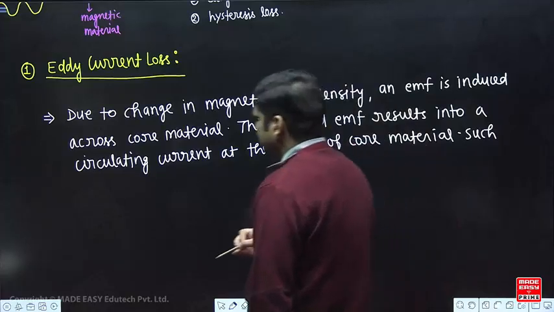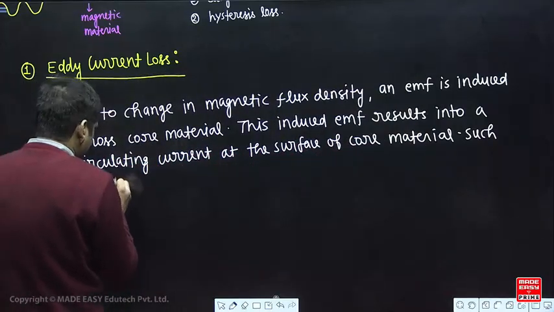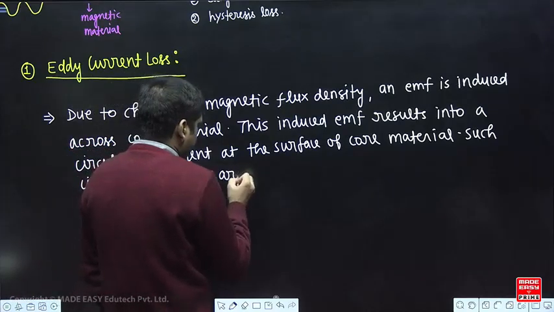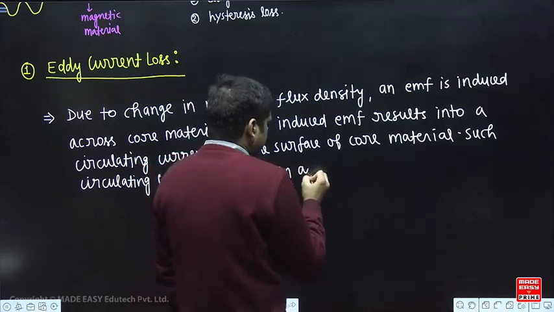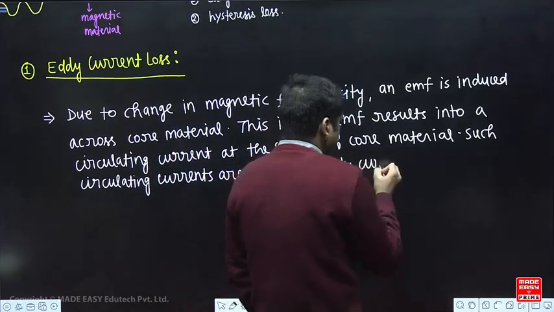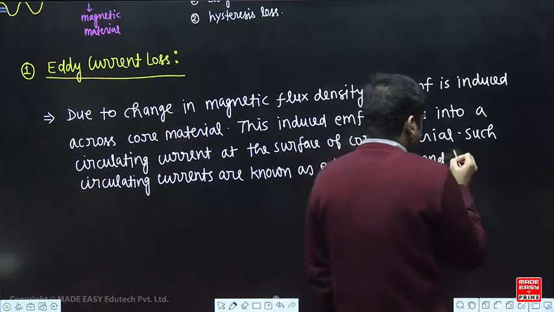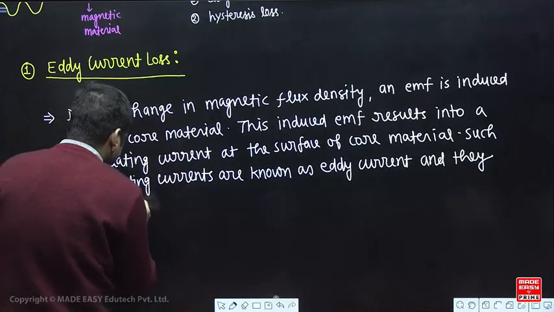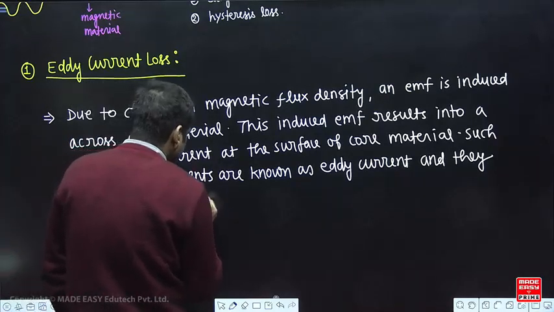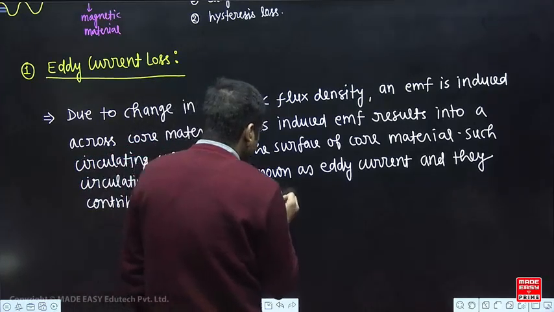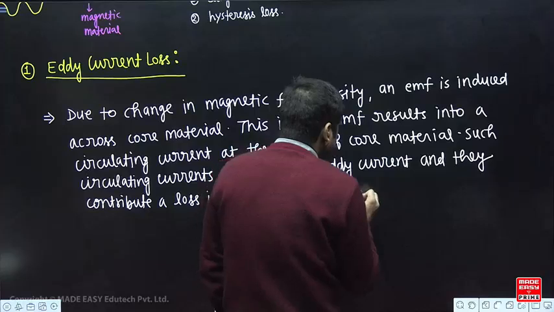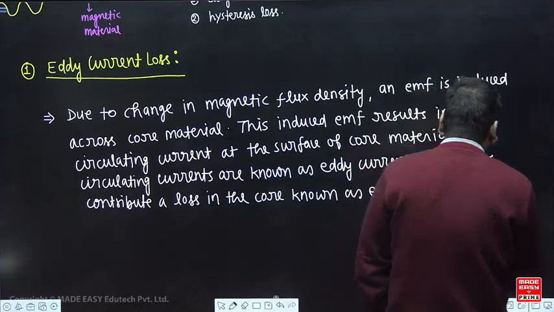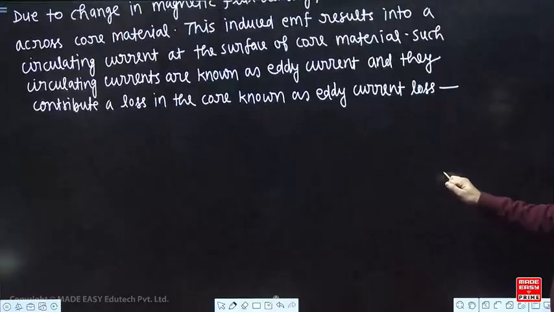Such circulating currents are known as eddy currents, and they contribute a loss in the core known as eddy current loss.